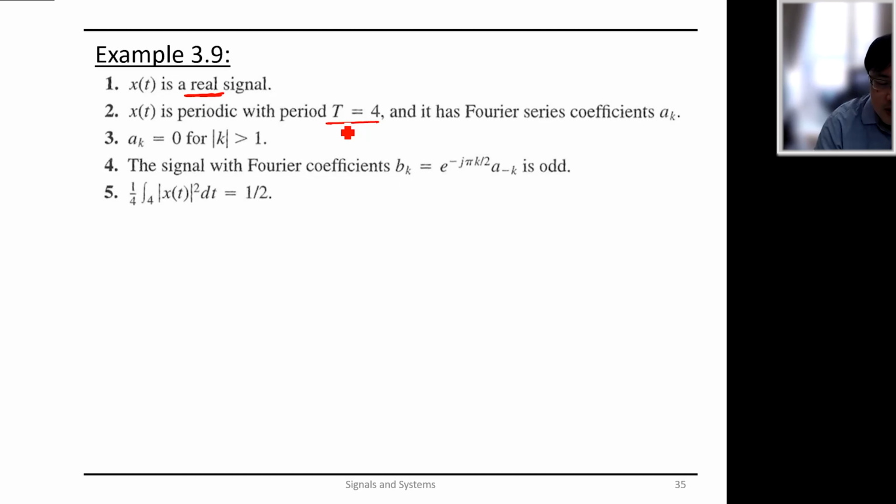Secondly, the period is 4 with Fourier series coefficient ak. The third property is that ak is 0 for absolute k greater than 1. So this basically means that there are only 3 non-zero Fourier series coefficients. Right? This basically means that only a minus 1, a0, and a1 are non-zero.